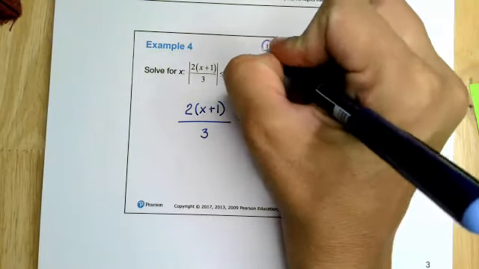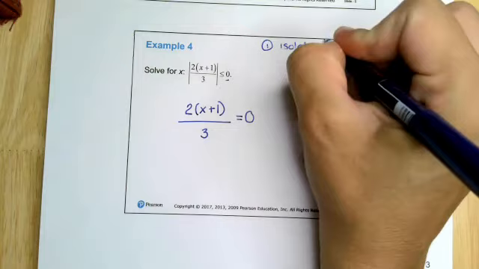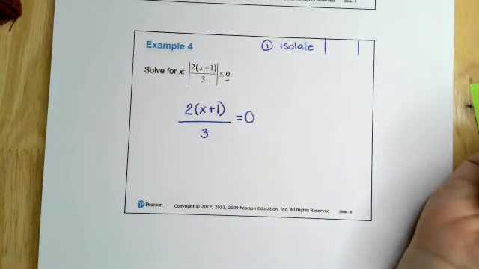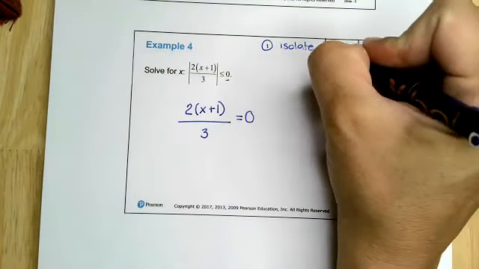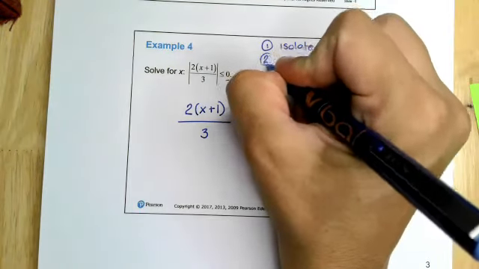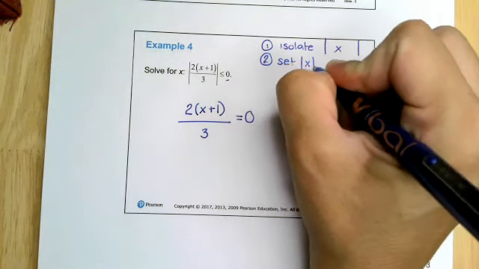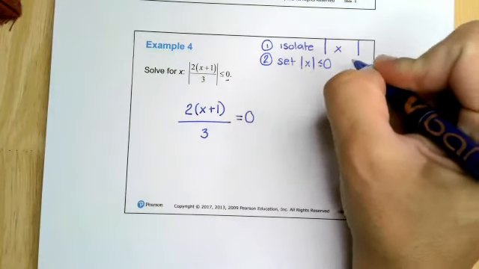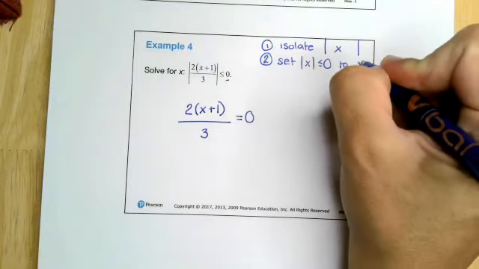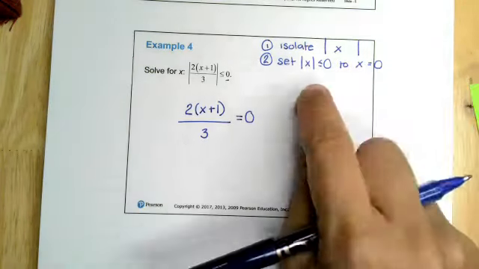So step 1, isolate the absolute value of x, set equal to 0. And then we're going to solve for x.